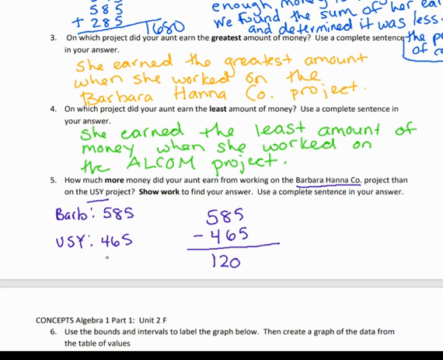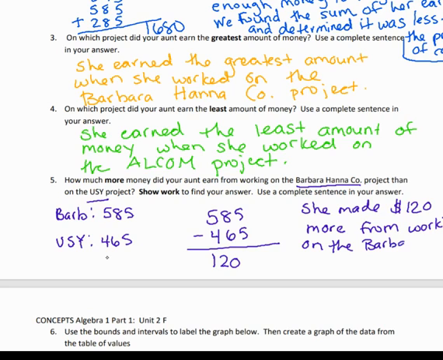So use a complete sentence. She made $120 more from working on the Barbara Hanna Co project. Does that make sense?